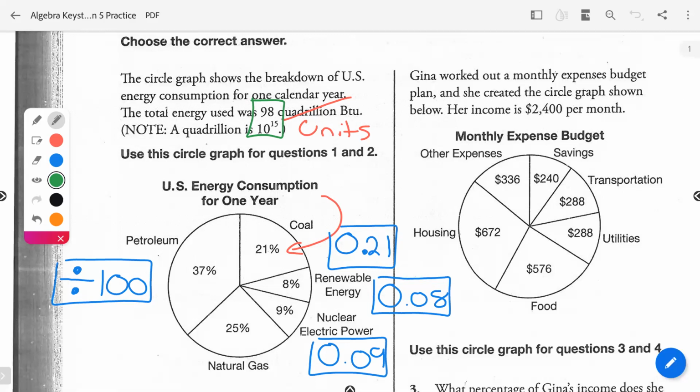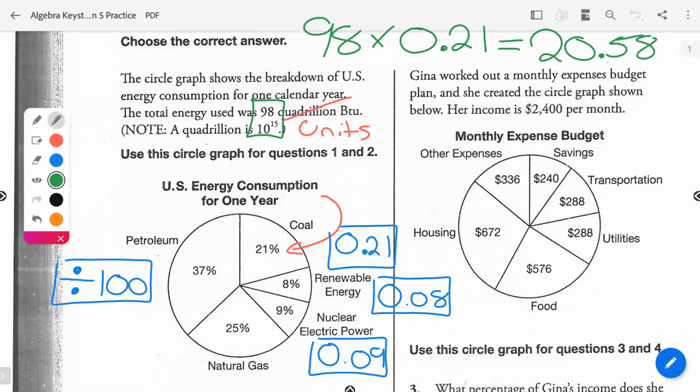So if coal represents 21% of that, all I have to do is take my calculator out and multiply 98 by 0.21, the percent as a decimal.